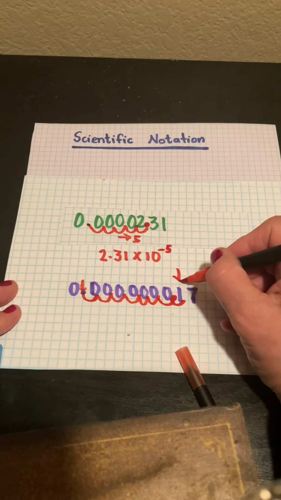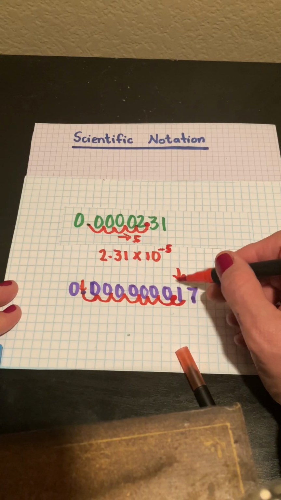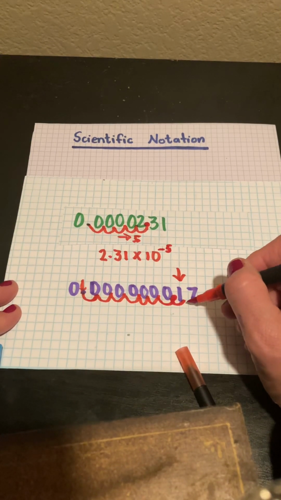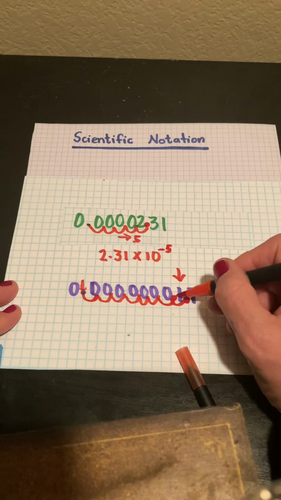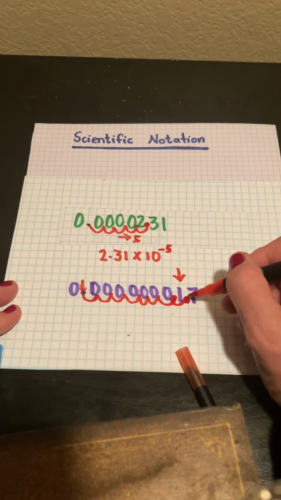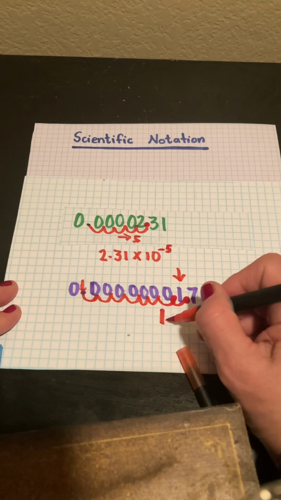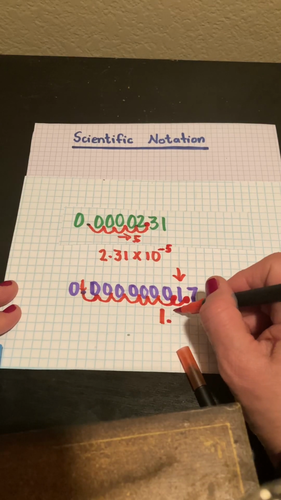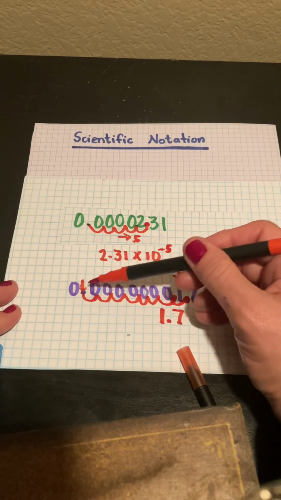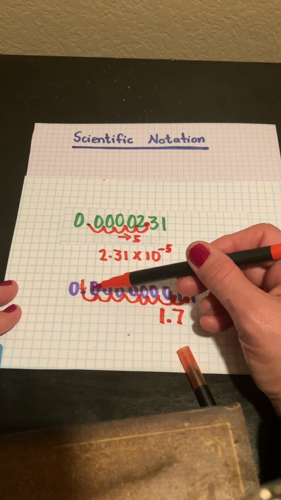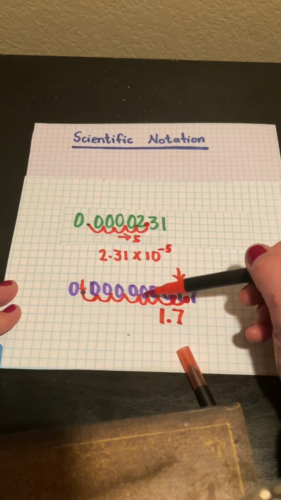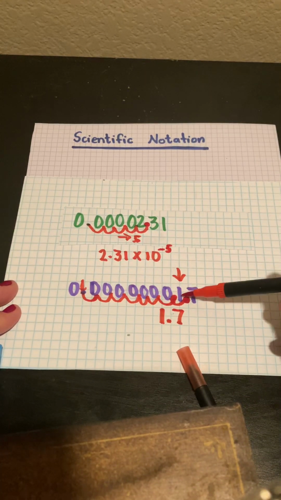So here, we found our first non-zero digit, and then we write down our new decimal point. So here, we are going to write down 1.7, and then let's count again: 1, 2, 3, 4, 5, 6, 7, 8.